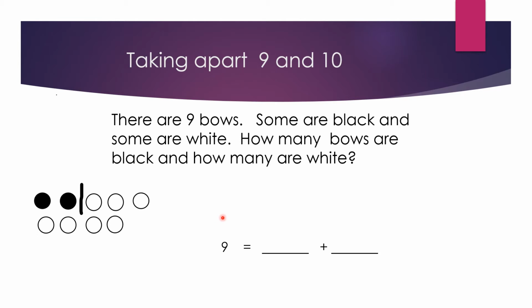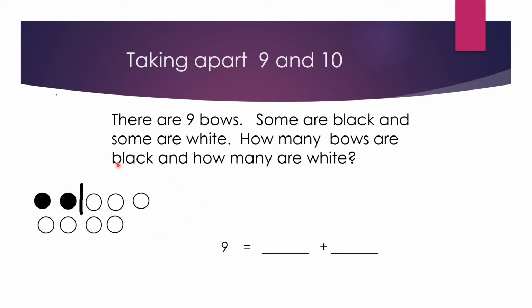Kindergarten, we know from reading this story that we're going to draw 9 bows all together in a 5 group of 9. A 5 group of 9 has how many on top? You got it, 5. And how many at the bottom? You're so smart. 4. 1, 2, 3, 4, 5, 6, 7, 8, 9.